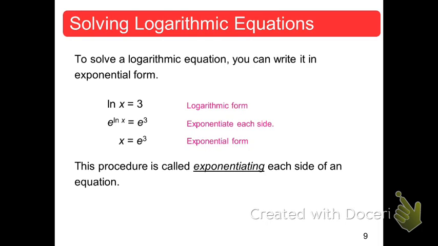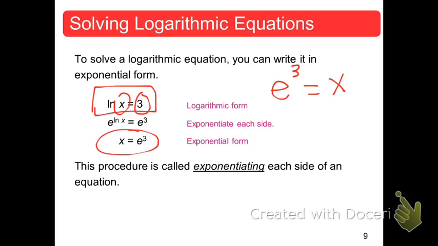I've mentioned before that this process is called exponentiating. Now, when I have a log problem, from here on out I'm just going to use the rules that we've said before. I'm going to take my base, which here is e, raised to the exponent, which is 3, and this should equal x. I get to this form a lot quicker.